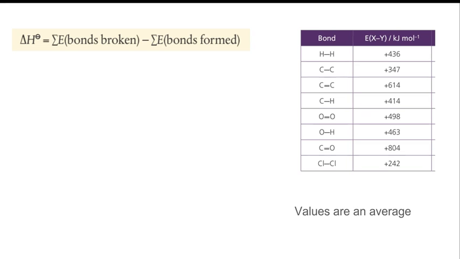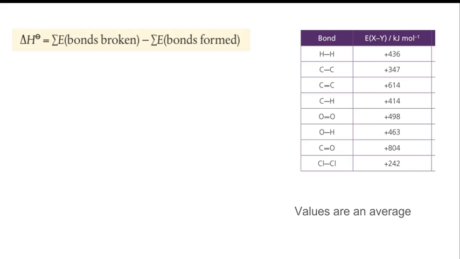And so if we wanted to see the change of enthalpy in a reaction, we can take the sum of the bond enthalpies of the bonds broken and subtract it from the sum of the enthalpies of the bonds formed. And we have this nice little table here that gives us the bond enthalpies of various bonds that we might see.